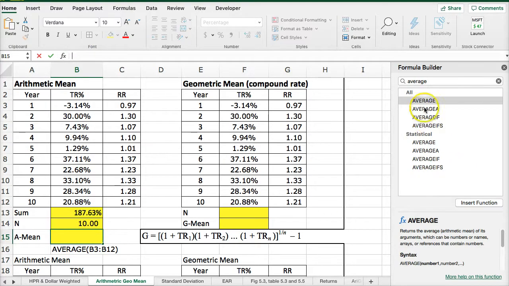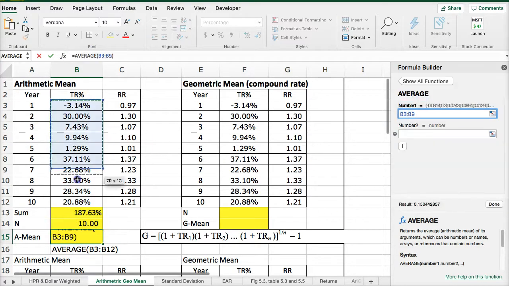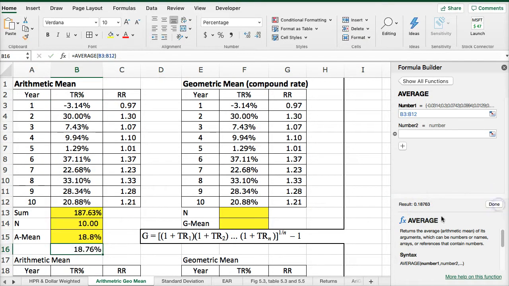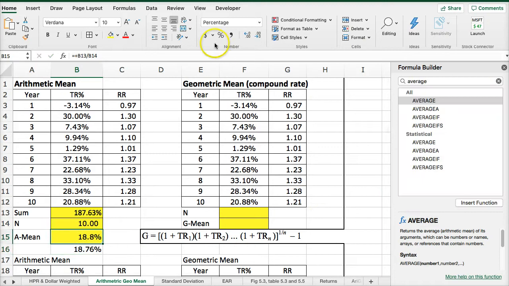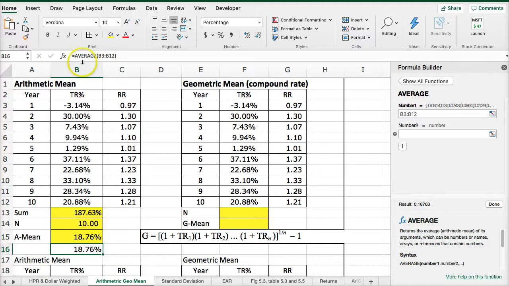Let me just do that again. Done. And you see here, let's move this over. Okay, so this first one is just using the total sum divided by the n. And in the second equation, I'm using the average. And you see how we get the same result.